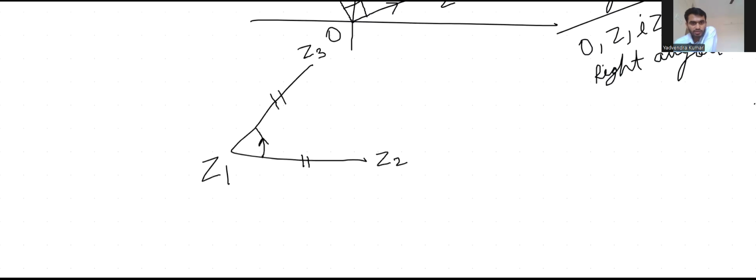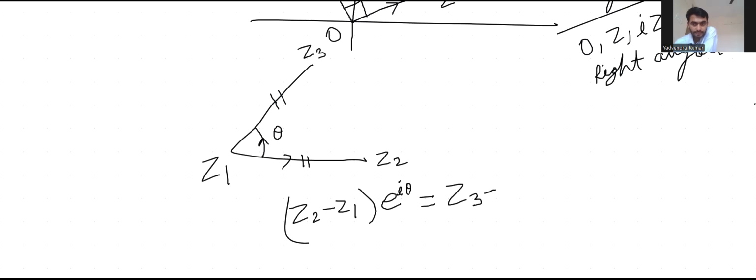So this first vector is going to be Z2 minus Z1, and then you are moving in the anti-clockwise direction by angle theta. If you multiply this by e to the power iota theta, then you will get the next vector, that is Z3 minus Z1.